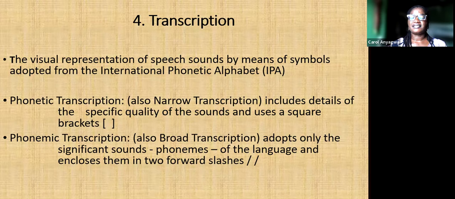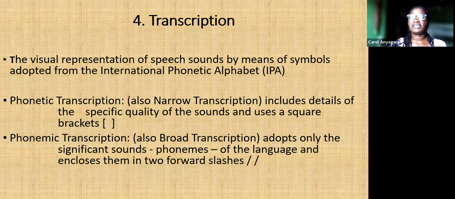On the other hand, phonemic transcription, also known as broad transcription, involves just the phonemes of the language in question. So in doing a phonemic transcription, we simply adopt those significant sounds of the language in our transcription and enclose them in forward slashes, or if you like, slanted lines, which shows the reader that these are phonemes.